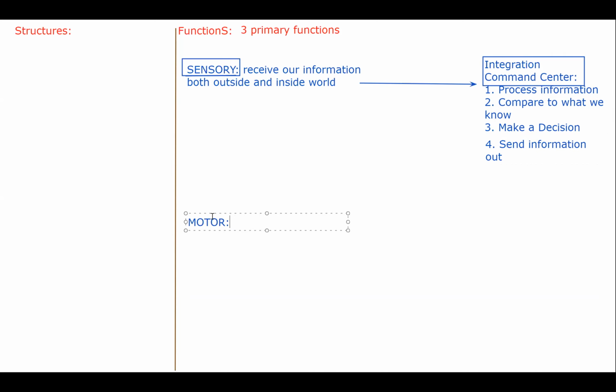Our motor is basically where we influence changes. Or more specifically, this is where our effectors are located, right? When we talked about the effectors, these are our effectors that cause the change.